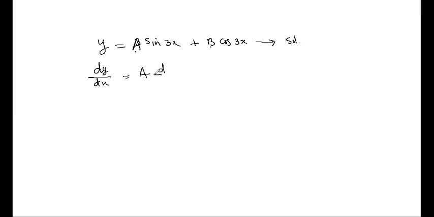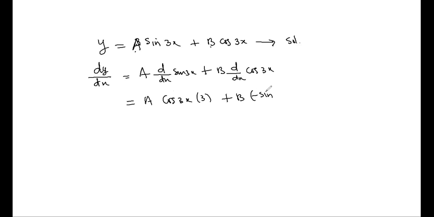A into the derivative of sine 3x plus B into the derivative of cos 3x. A into cos 3x into 3, B into minus sine 3x into 3. If I take 3 common, A cos 3x minus B sine 3x.